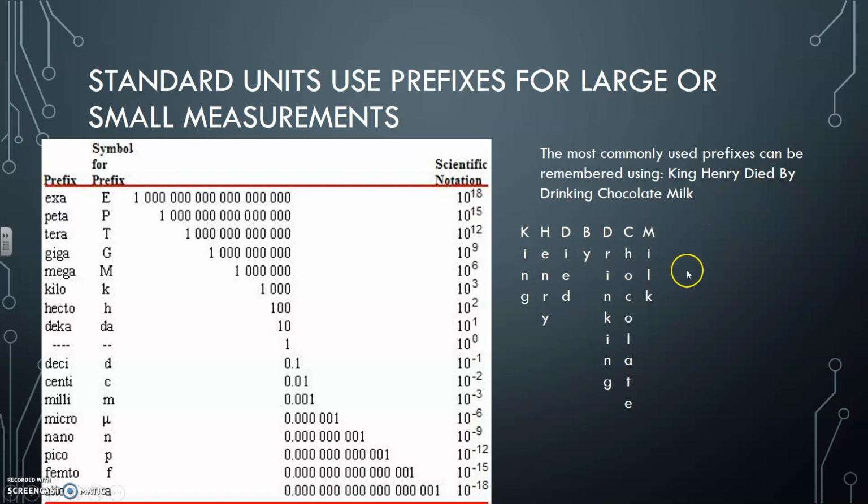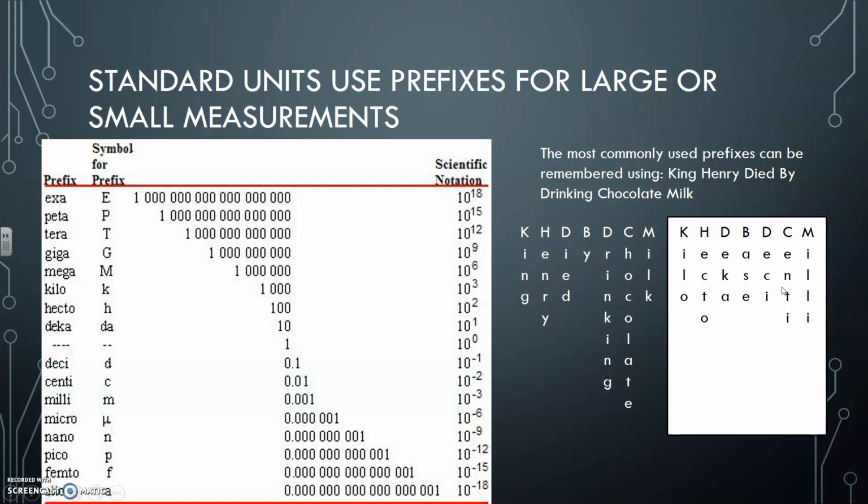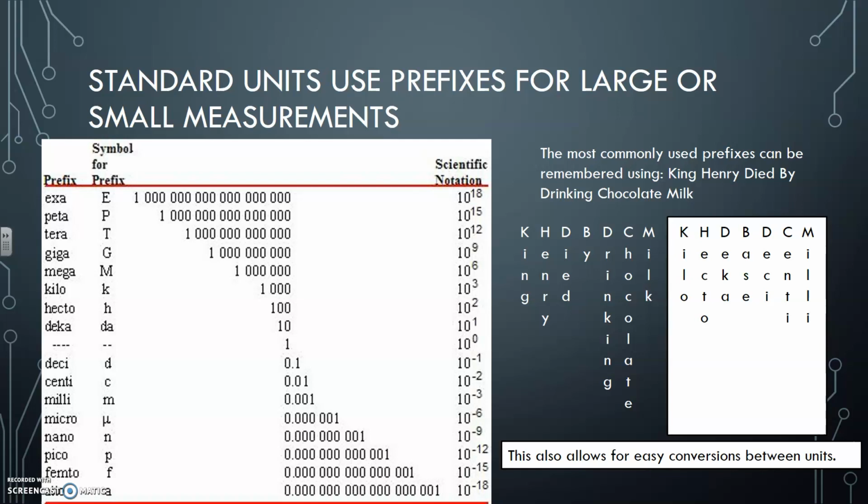So King Henry died by drinking chocolate milk is also kilo, hecto, deca, base, deci, centi, milli. That helps you remember the order. Then I'll show you in class a way to convert between any two on this list really easily. We'll go over that part in class because it's a little easier to explain in person.